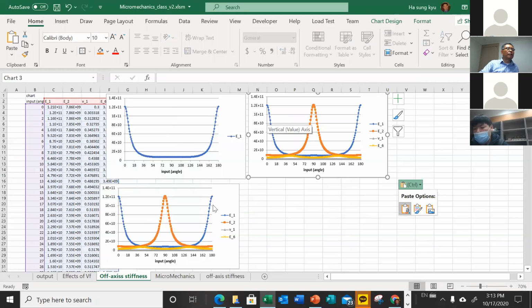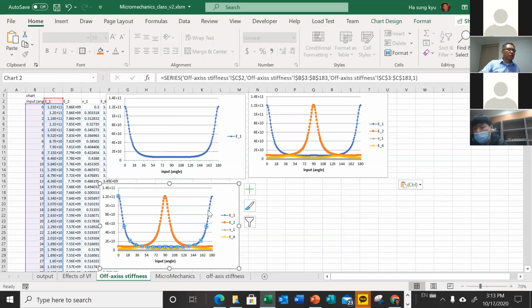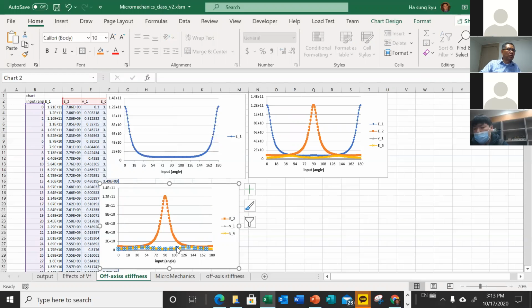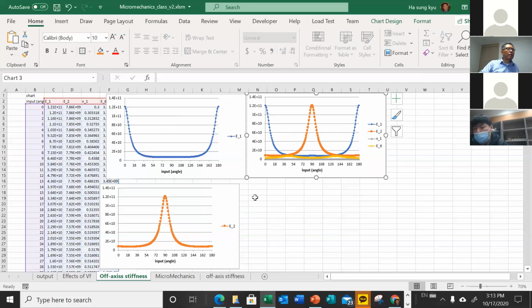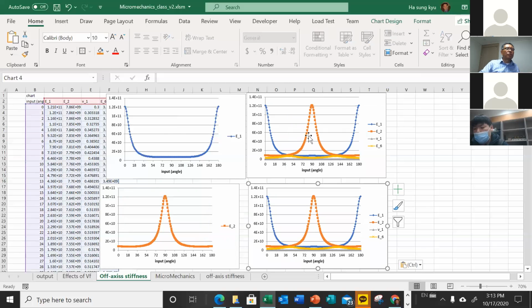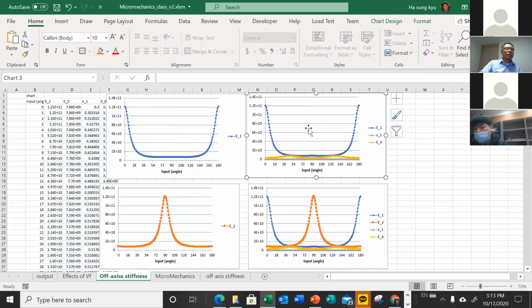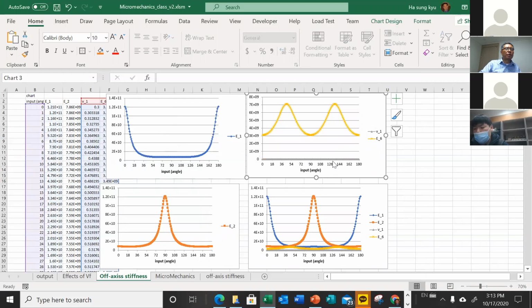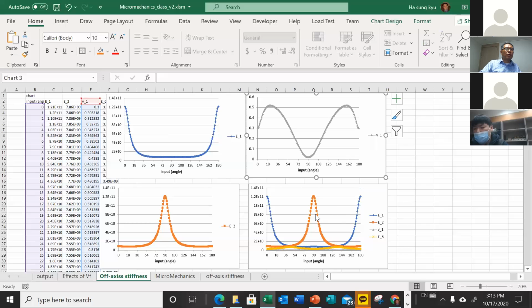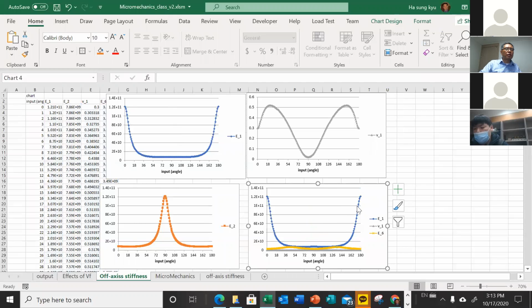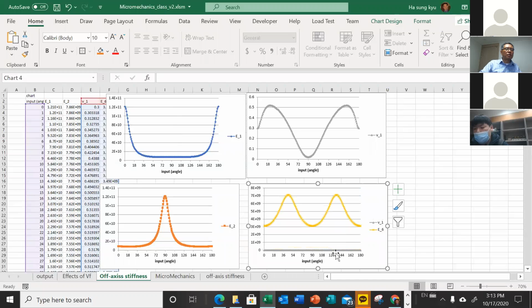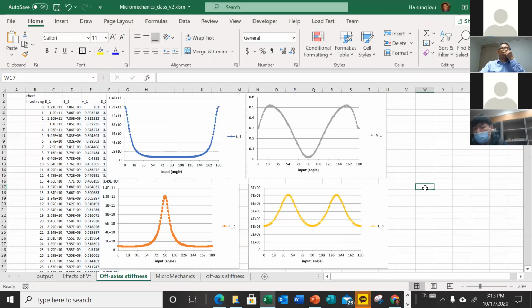And this and that, I'd like to show you only E2. I'd like to show you only Poisson's ratio. Okay, Poisson's ratio, and only the shear engineering constant.